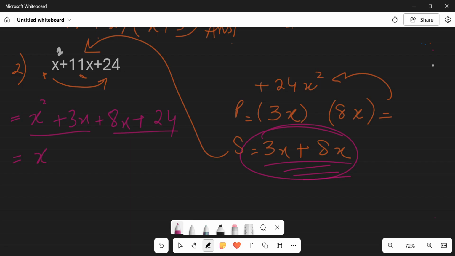The highest common factor of x squared and 3x is x, so x squared gives you x, plus 3. Then 8x and 24: what is the highest common factor? I know that 8 and 24 are divisible by 2, but we cannot take 2. It is divisible by 4, but don't take that either. The highest common factor is 8.